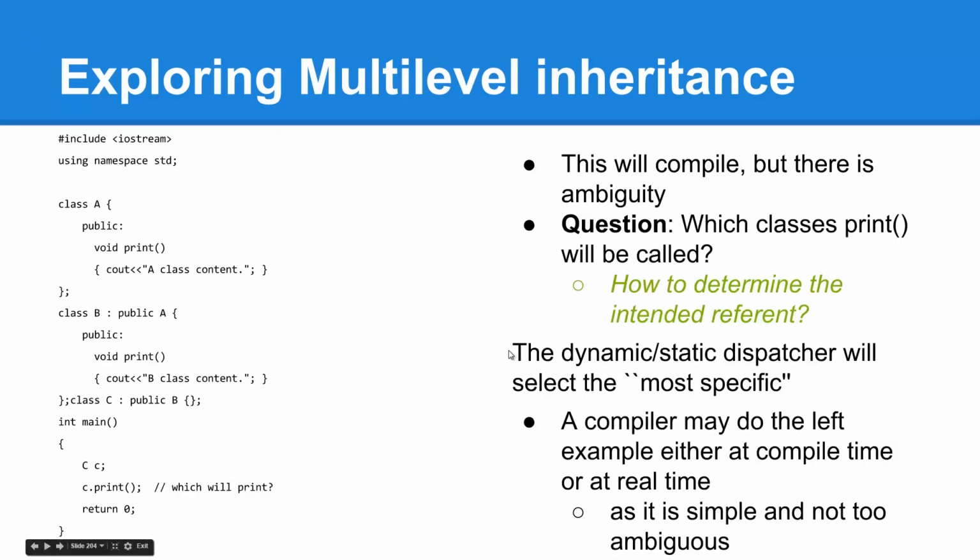And when there are instances of ambiguity, as is illustrated in the code example on the left, the dispatch will resolve the ambiguity by picking the most specific instance or signature for the intended referent. So here, when c.print is called, it would first check C, then recurse up the inheritance chain, check B, see that B has a signature for print, and the dispatcher will select it.